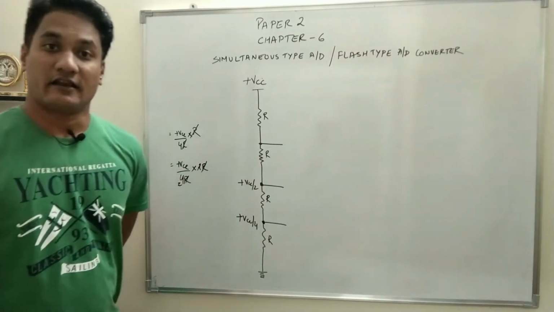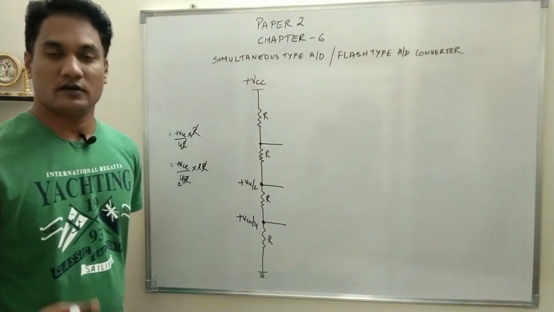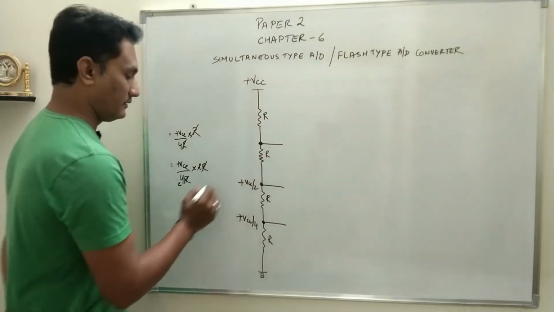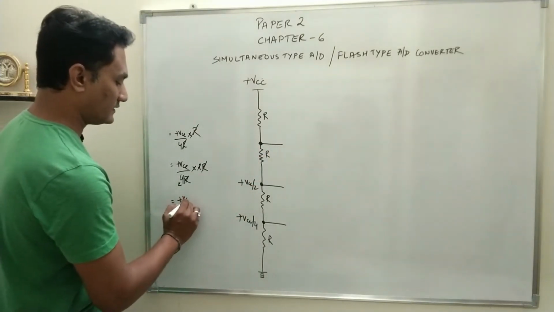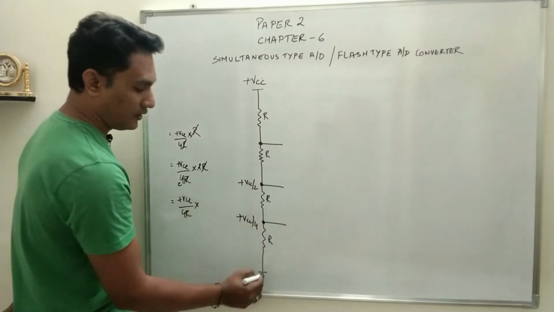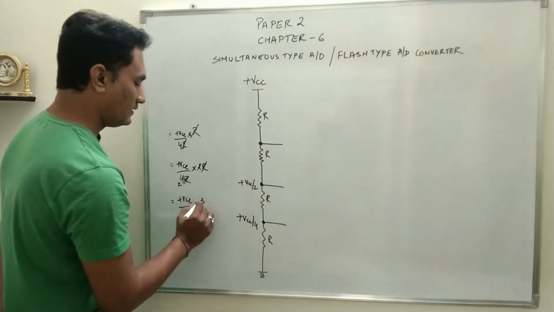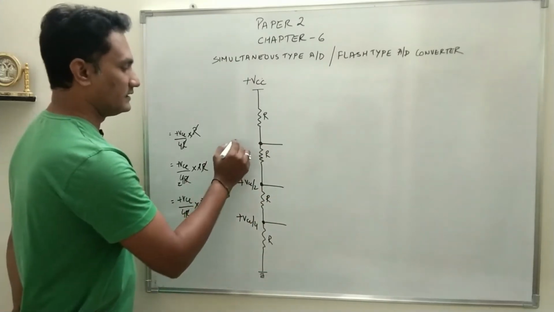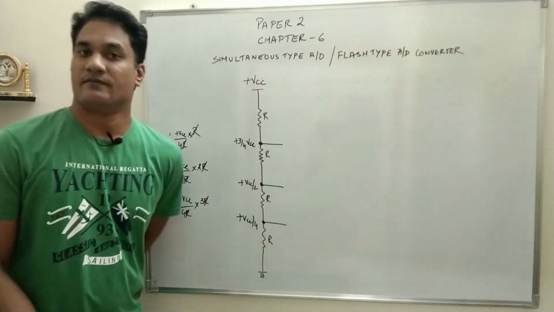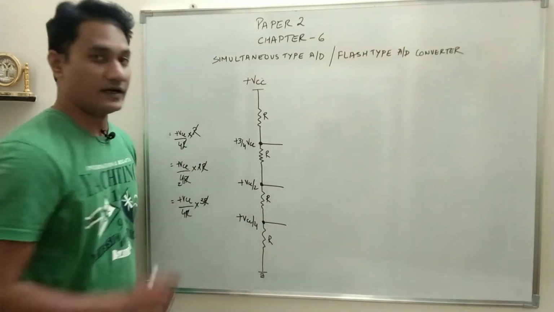So this is the reference voltage at this point. Now the last one at this point: plus VCC by 4R multiplied by, between this point and ground you have R plus R plus R, so it will be 3R. R gets cancelled. It will be plus 3 by 4 of VCC. So this is the reference voltage at different points.